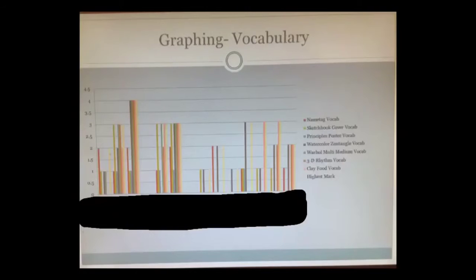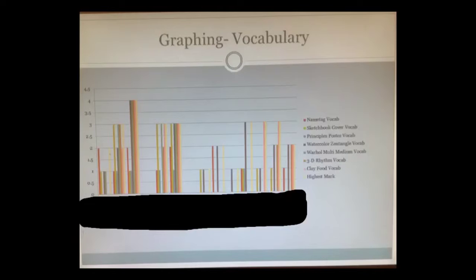I am tracking the student's progress through an Excel spreadsheet. I am then able to graph their scores for vocab and reflective process. Here is an example of a vocabulary graph. The projects are to the left listed, and then the colors indicate where their scores are for each of them.